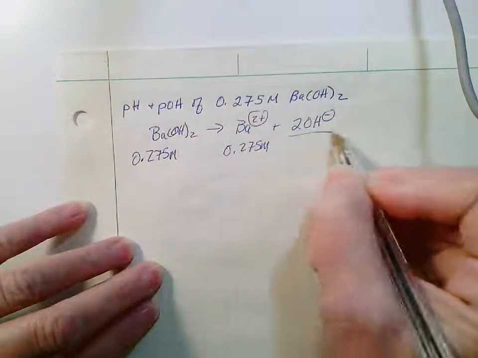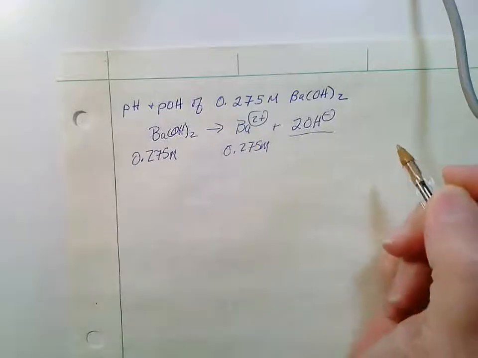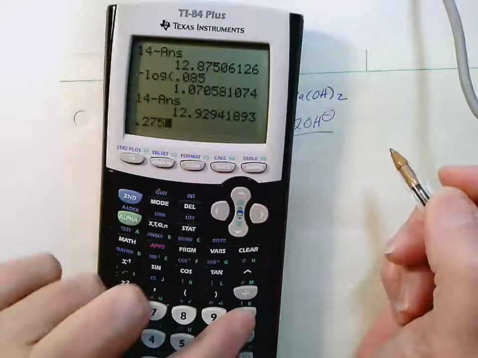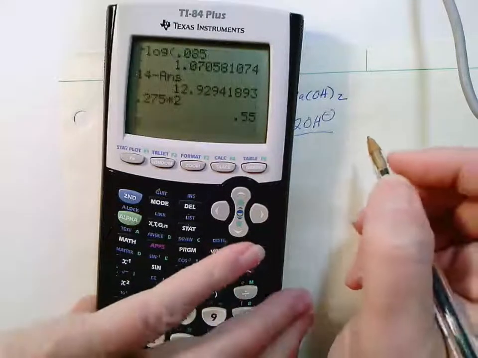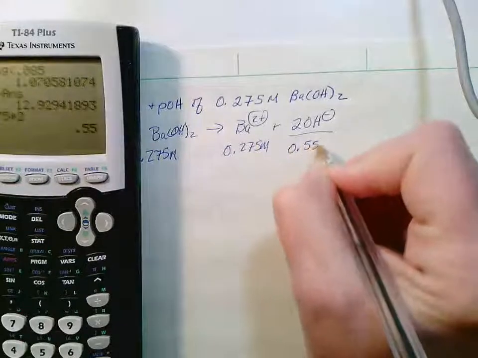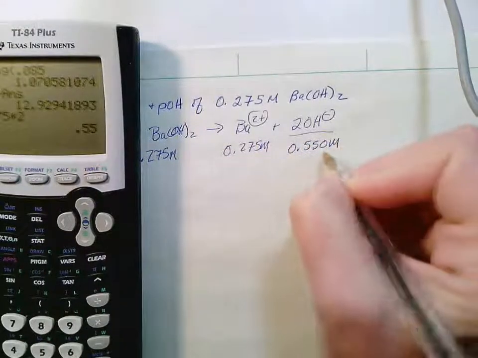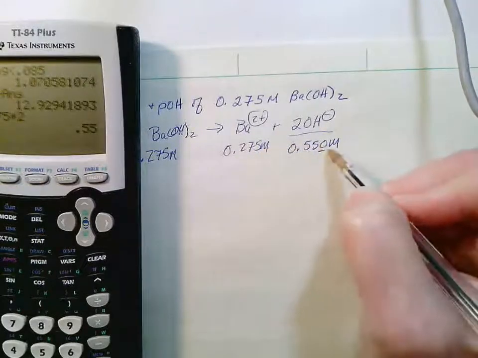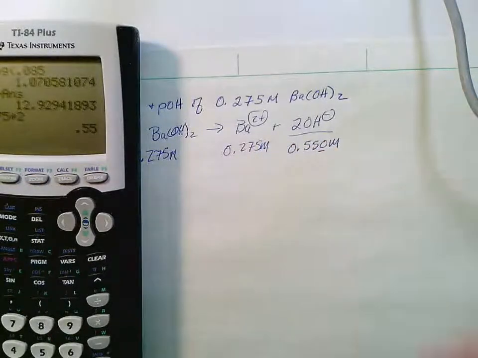But what is this going to be? It's actually going to be 2 times that, isn't it? So I'm going to take 0.275 times 2 equals, and I get 0.550 molar. And I do need that final 0 because I have 3 significant figures, so I need 3 here. I've only done multiplication, so it's not a matter of what column or anything else.